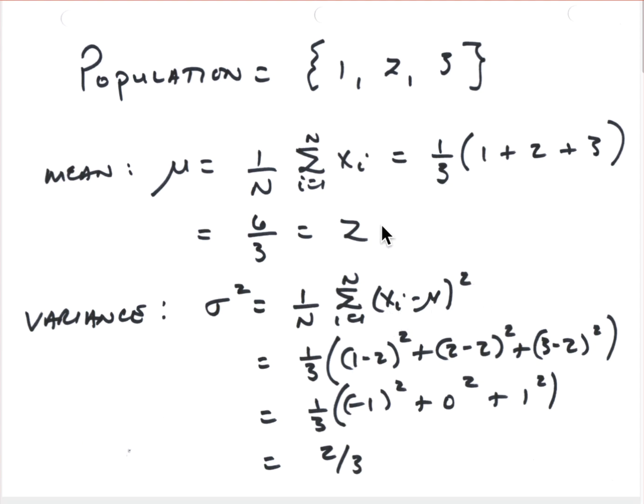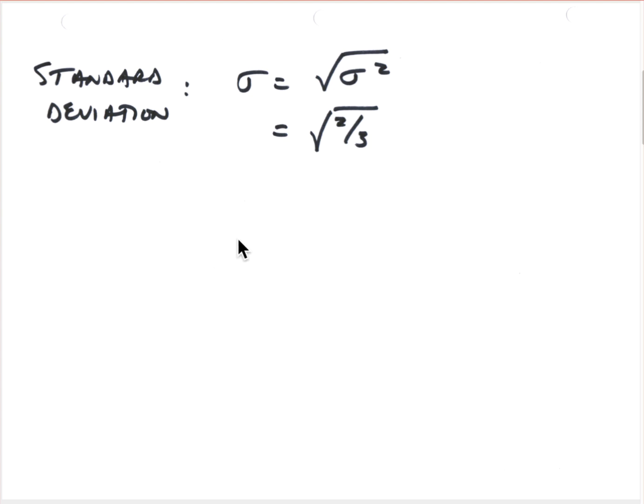Now, mu is equal to 2, so we have 1/3 times the sum of squared values: (1 minus 2) squared, plus (2 minus 2) squared, plus (3 minus 2) squared. And so the variance of this population is equal to 2/3. So the mean is 2, and the variance is 2/3. The standard deviation of this population is therefore the square root of 2/3.